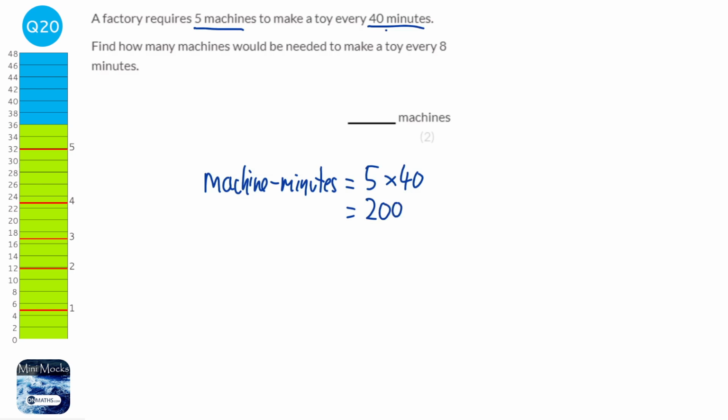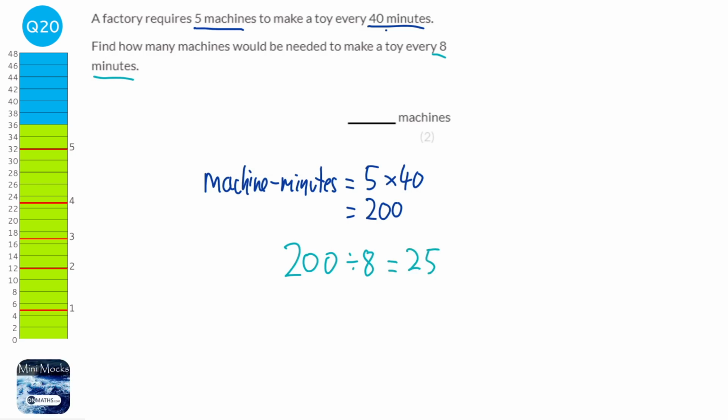So if we had one machine, it would take 200 minutes to create one toy. Here we're asked, well, okay, what if we wanted a toy every 8 minutes? So we get the 200 and we divide it by 8. And when we do that, we get 25. So if we had 25 machines, we would be able to make one every 8 minutes.